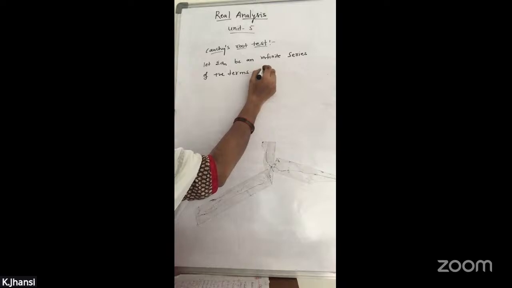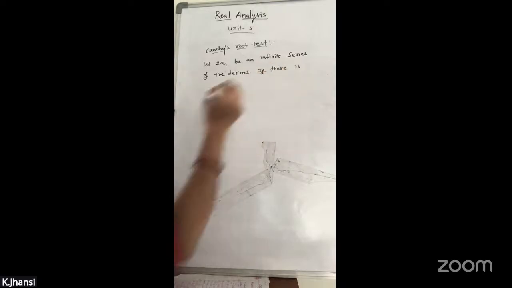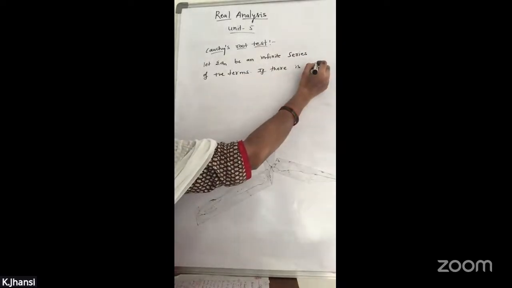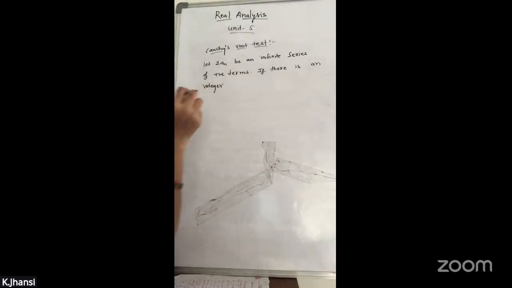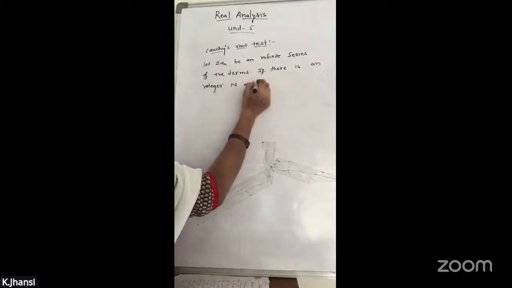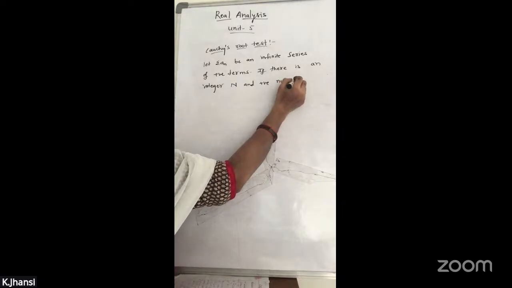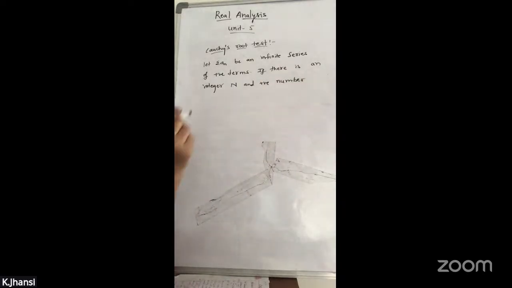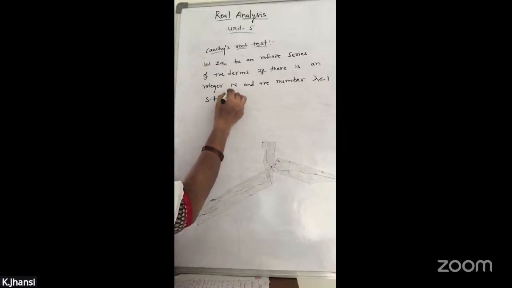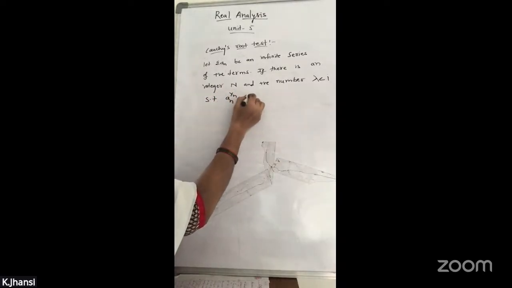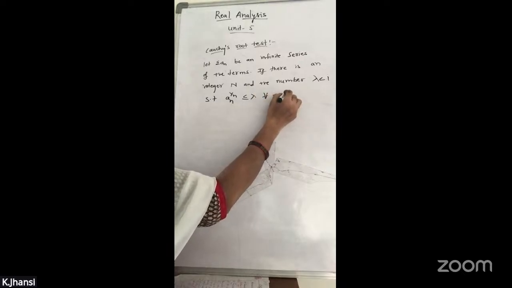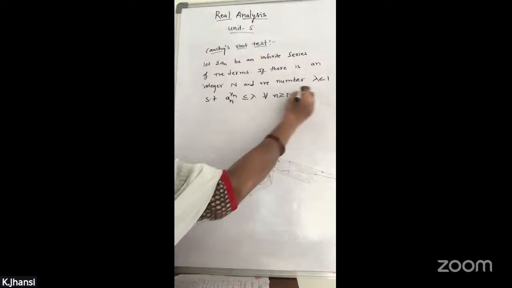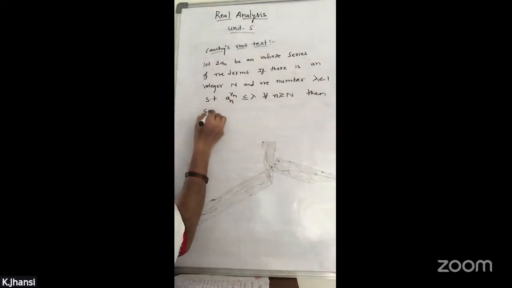If there is an integer capital N and a positive number lambda less than 1, such that an to the power of 1 by n is less than or equal to lambda for all n greater than or equal to N, then summation an converges.